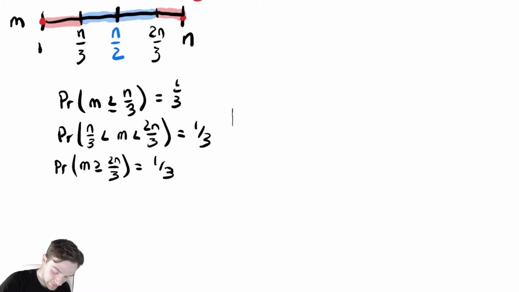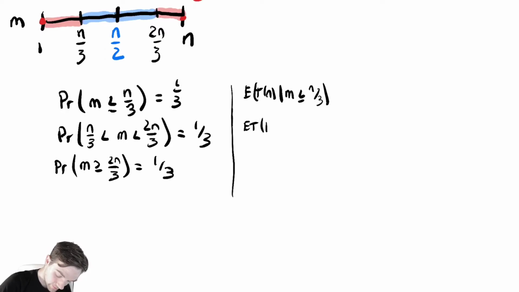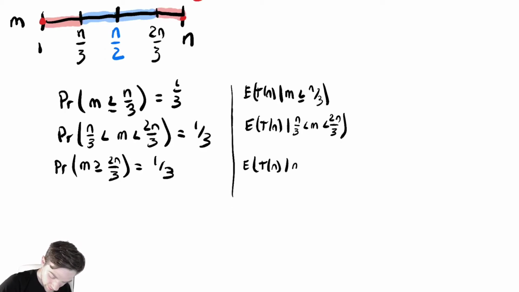Now we need the expected times in those regions. So given that m is less than or equal to n over 3, and the expected time given that we are in the middle region, which is n over 3 less than m less than 2n over 3, and the expected time given that m is greater than or equal to 2n over 3.